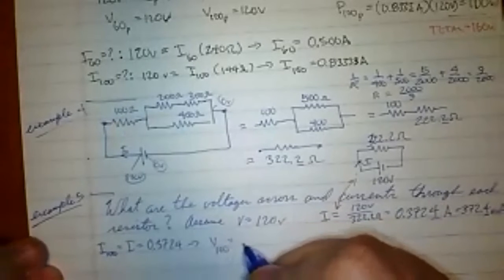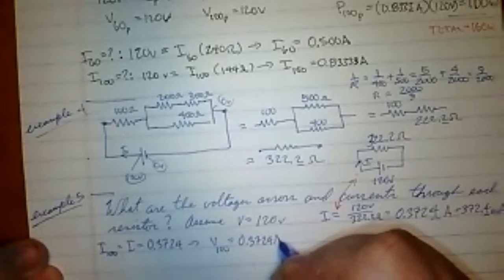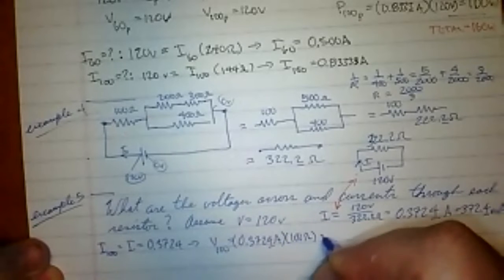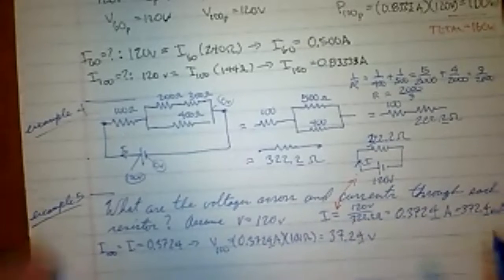So V for the 100 is going to be 0.3724 amps times 100 ohms, which gives me 37.24 volts.